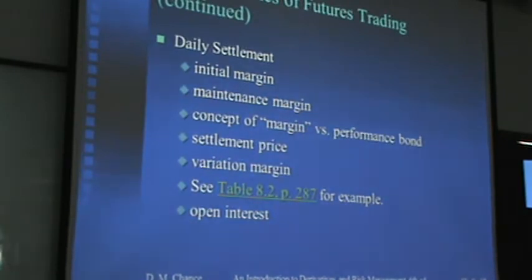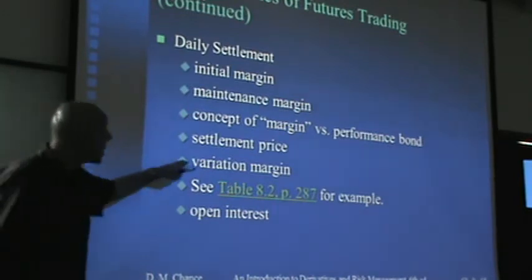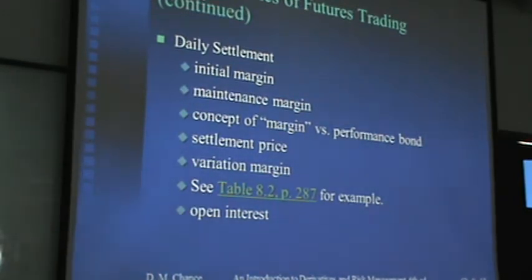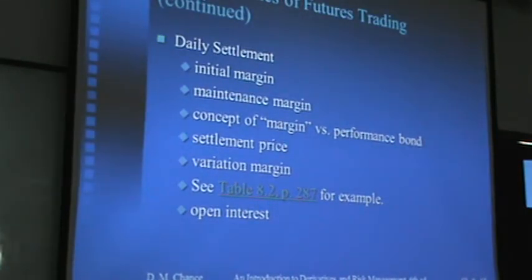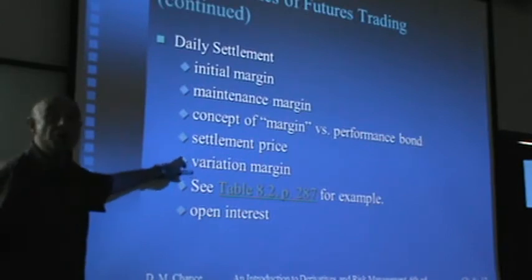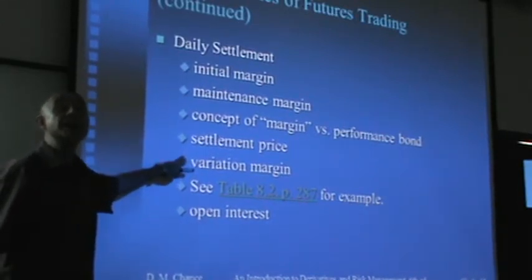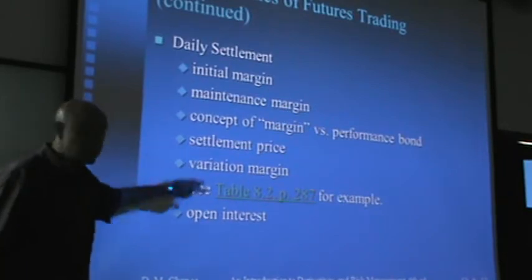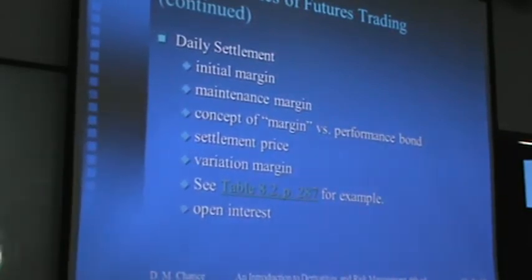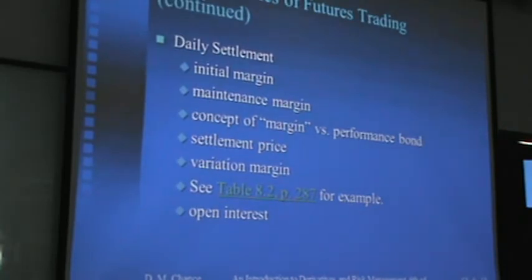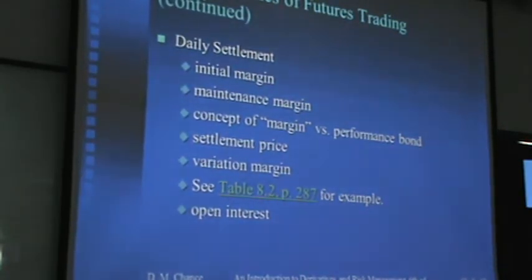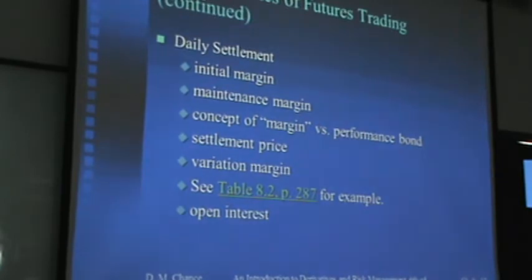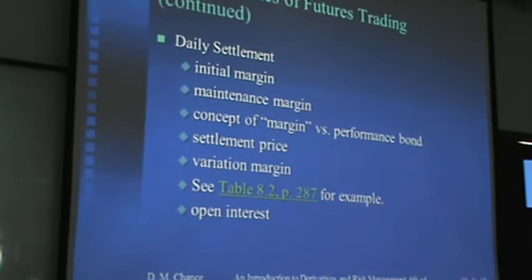Variation margin, I honestly forgot what variation margin is. Variation margin, basically in the textbook, on my pages, is 271. The variation margin is the money that needs to be required. This is the same as the margin call. So this margin call is known as variation margin.